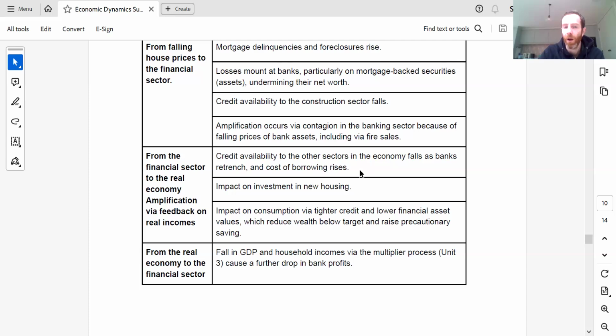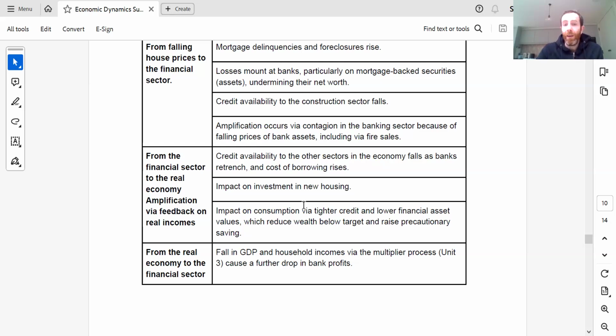The cost of borrowing rises because banks are now thinking we're going to charge higher interest rates because we're a bit worried about getting those loans repaid. And then that could have an impact on investment in new housing. So it could be that the construction sector finds it even more difficult to borrow the money to build new houses. And then this last bit: impact on consumption via tighter credit and lower financial asset values.